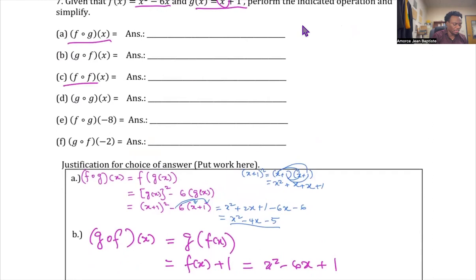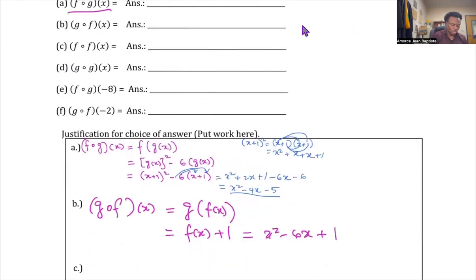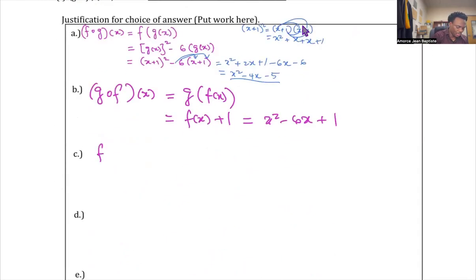What is f composition f of x? Well, we talked about it. F composition f of x would be replacing f into f of x every time I see x.